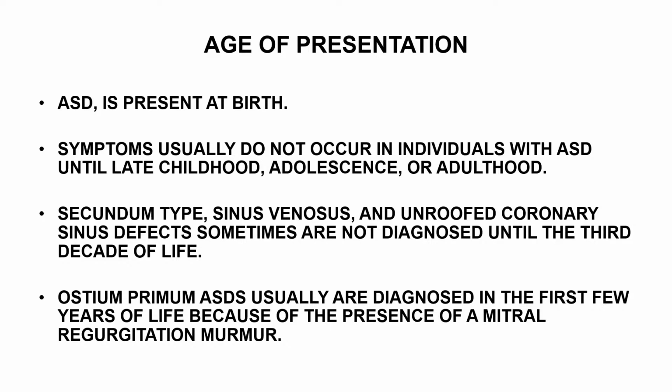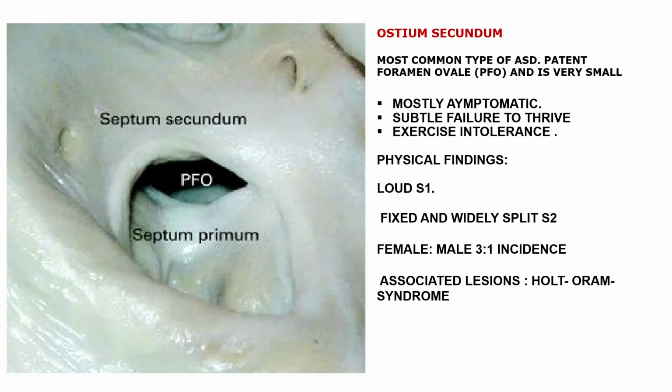Usually atrial septal defects are small, and they do not present at birth. We can diagnose them only by some diagnostic procedure or by hearing of the murmur, and they are diagnosed only when a child has a failure to thrive or exercise intolerance.